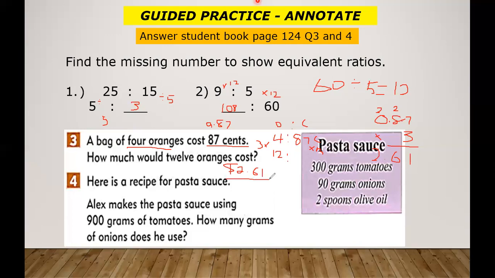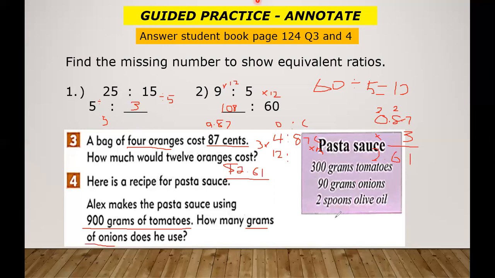Okay, now let's move to the next. Here is a recipe for pasta sauce. Alex makes the pasta sauce using 900 grams. Remember, you're going to underline the important terms. So 900 grams of tomatoes is given, and grams of onions.